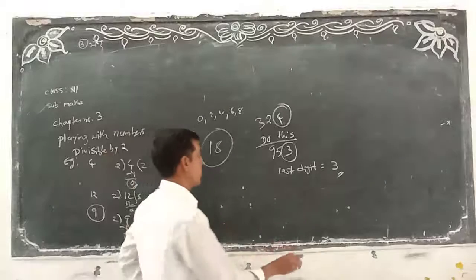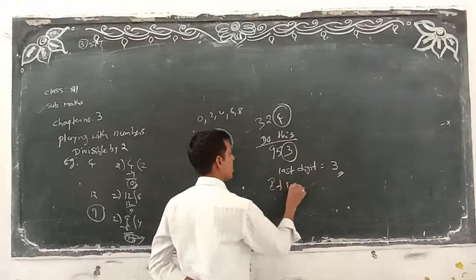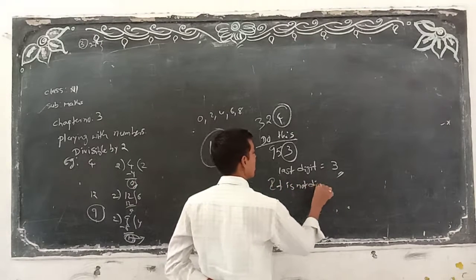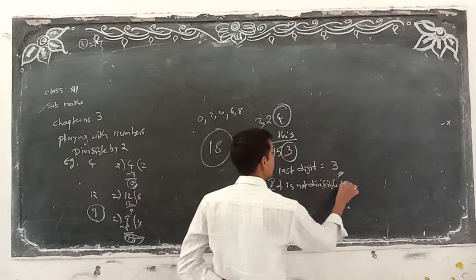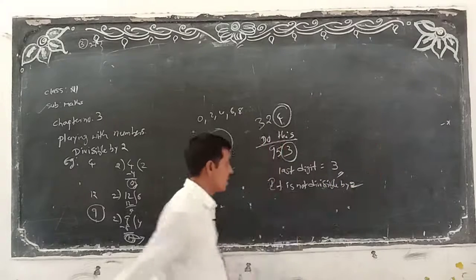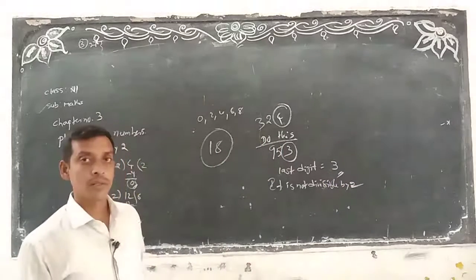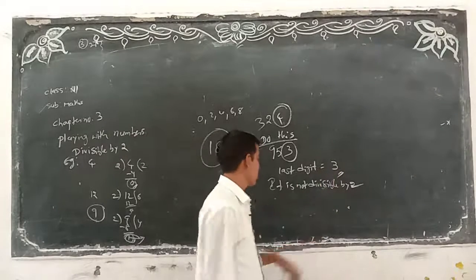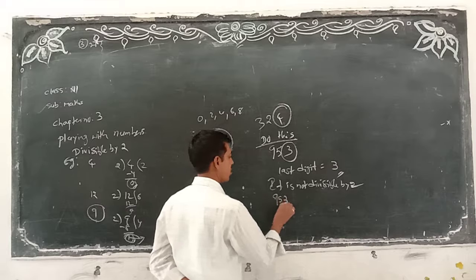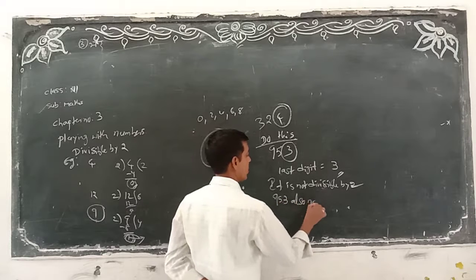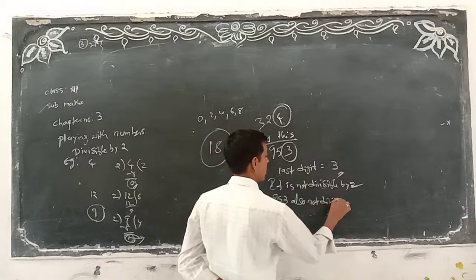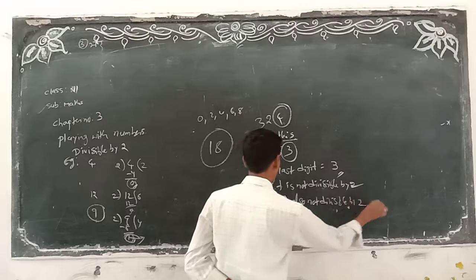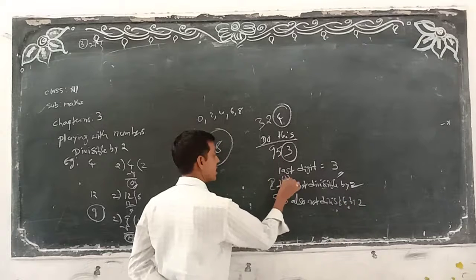It is not divisible by 2. We can write here: it is not divisible by 2, because 3 is not divisible by 2. Therefore 953 is also not divisible by 2.